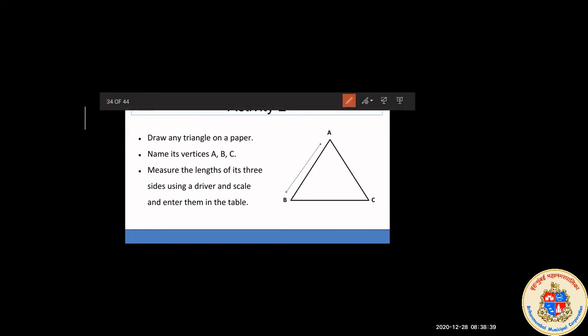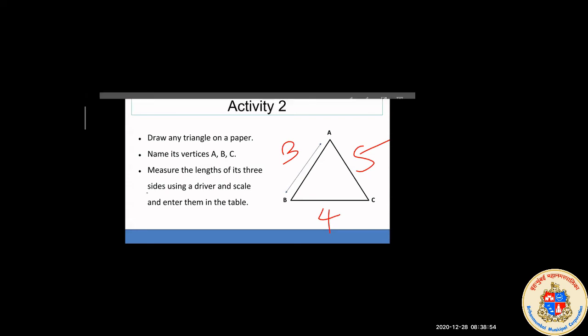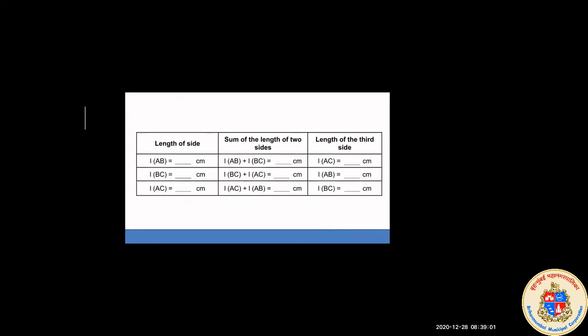So this is my triangle ABC, and when I measure the sides, one is 3 centimeters, the other one is 4, and the third one is 5. You have to draw a triangle and measure it yourself. After measuring, I have got the measurements 3, 4 and 5.